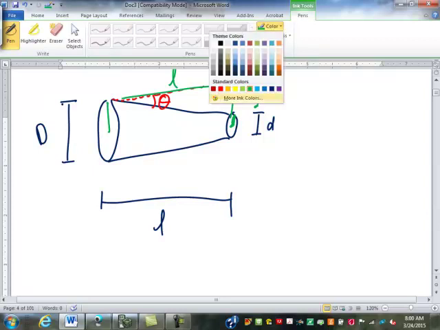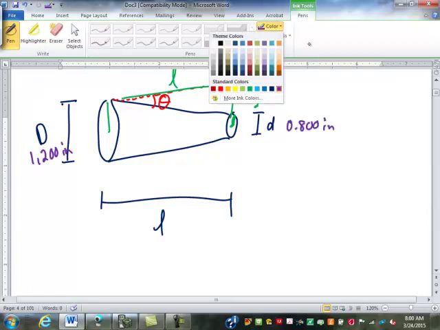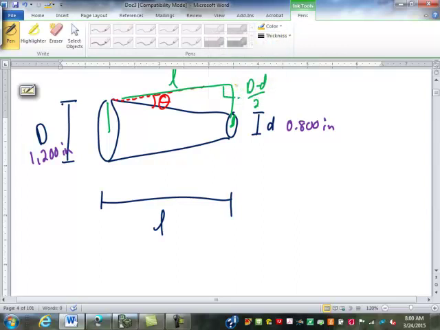Let's put some numbers in here, Jason. Maybe it'll be clear. Let's say this is 1.2 inches here in diameter. And this is 0.8 inches in diameter. To find this dimension right here, I need the difference in the radii. So it's probably easier to divide to find a radius.